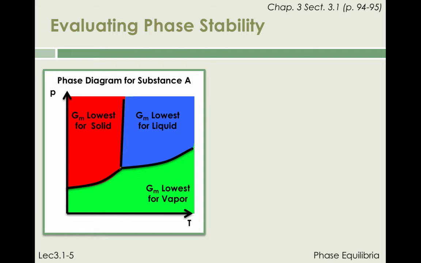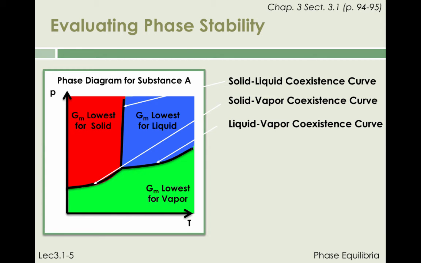This line of reasoning also indicates that solid and liquid regions share a set of states where the molar Gibbs energy is the same in both phases. This is the set of states where the solid and liquid phases coexist. We call this curve the solid-liquid coexistence curve. Similarly, we define the solid-vapor and liquid-vapor coexistence curves.